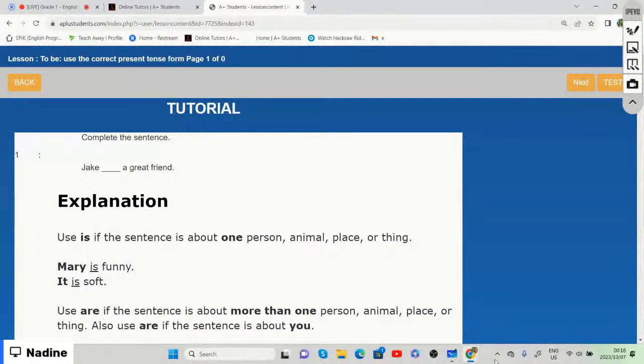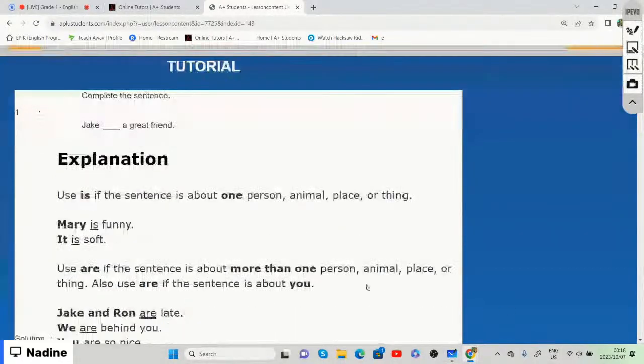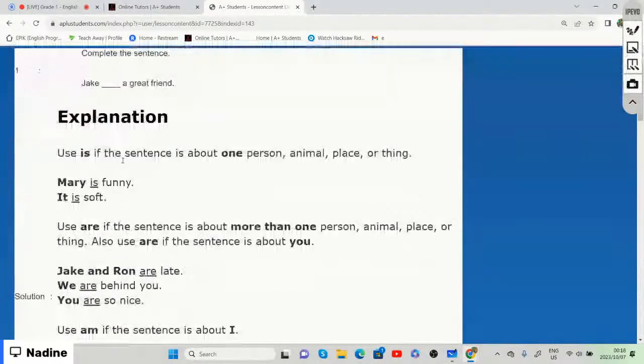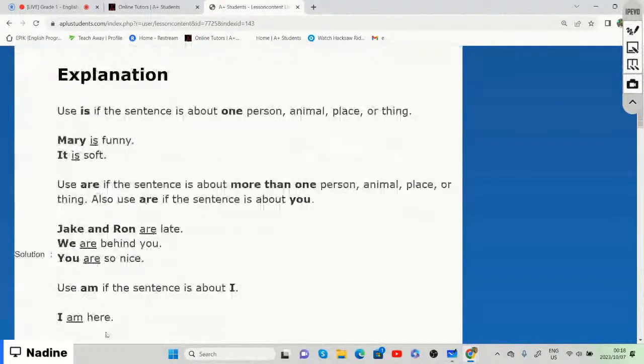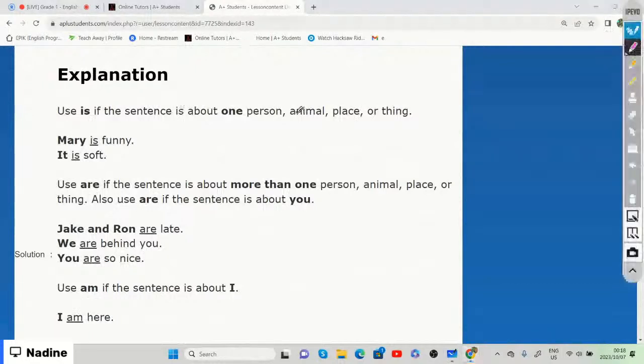All right. So we made an example already. We gave a whole explanation of how to use is, when to use is, and also when to use are and am. Once again, we said we use is if the sentence is about one person, animal, place, or thing.